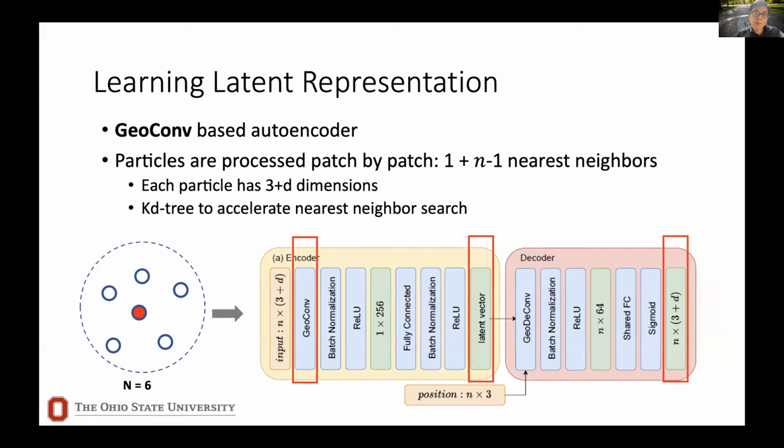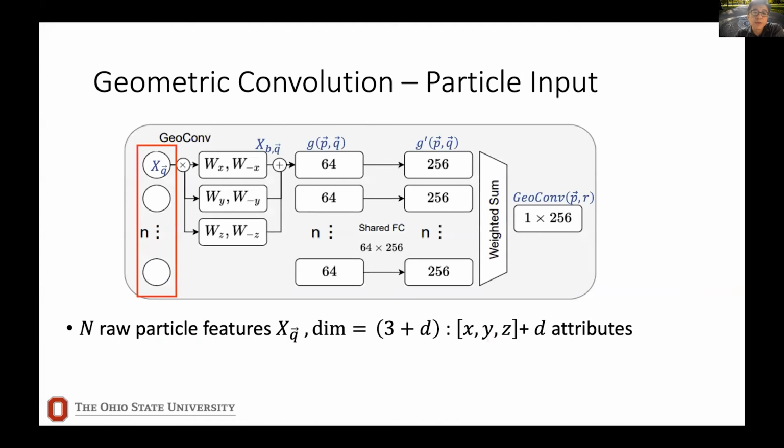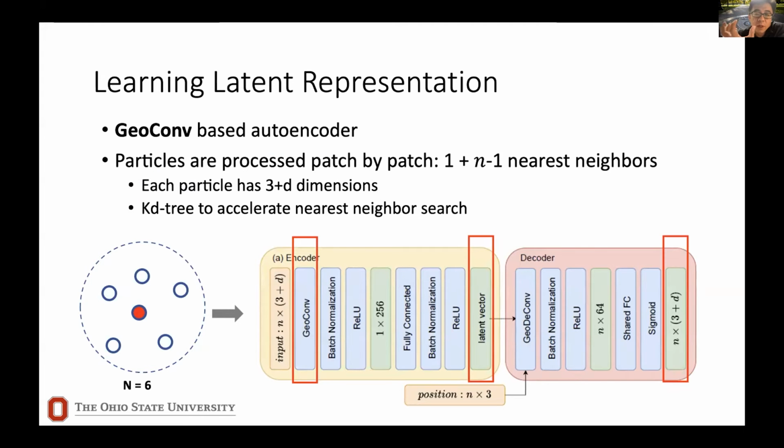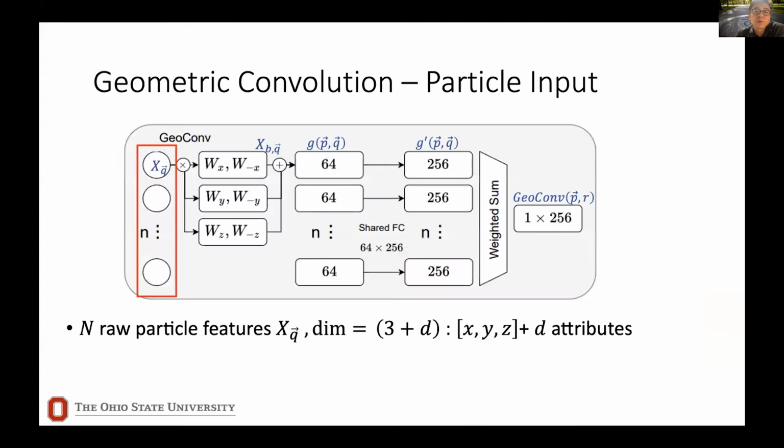If you have point cloud data, you might consider utilizing geoconv to extract features for your own application. The middle box is the latent vector, which is our key. Once we get the latent vector, it is a much reduced space with enough information that we are able to do a lot of things. Hopefully you can learn at least one thing from today's talk, which is what geoconv is, because we benefit from it a lot to extract the latent.